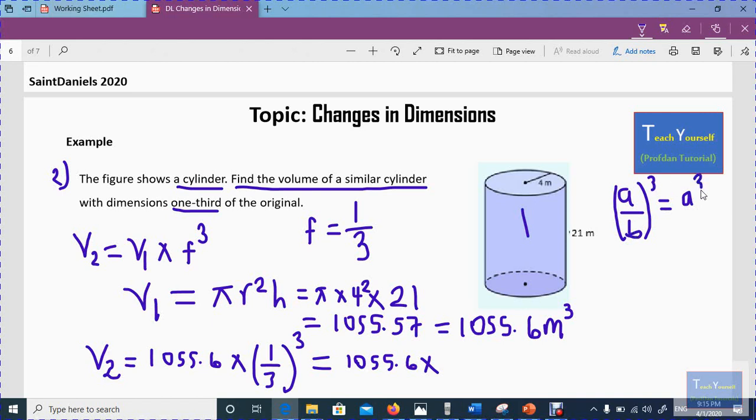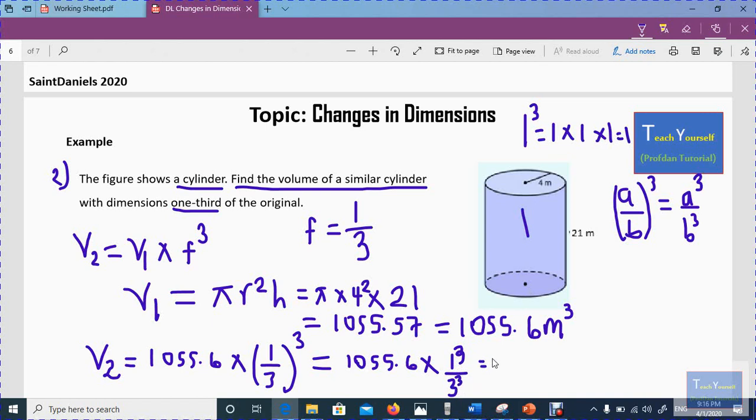So this is A raised to power 3 over the denominator B raised to power 3. If we follow that here, we're going to have 1, the numerator, raised to power 3 over the denominator 3 raised to power 3. And of course, 1 raised to power 3 is simply 1 times 1 times 1, which is 1, and 3 raised to power 3 is going to give you 27.